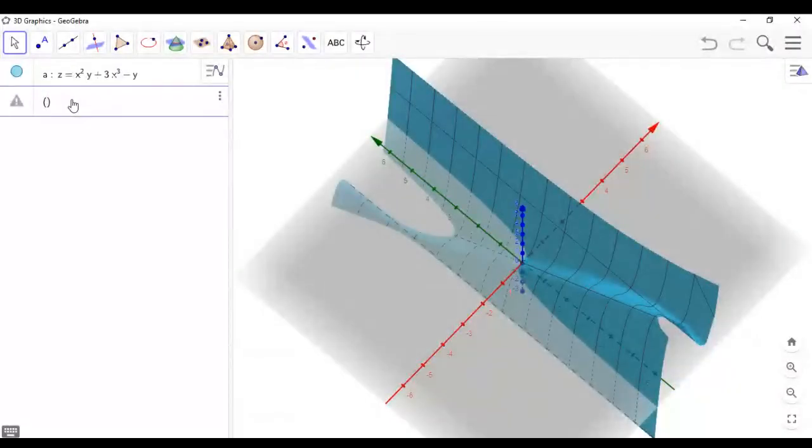If we plot our point negative 1 comma 9 halves, then the corresponding z value would be 9 halves minus 3 minus 9 halves.